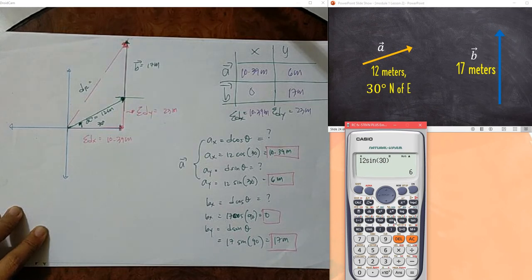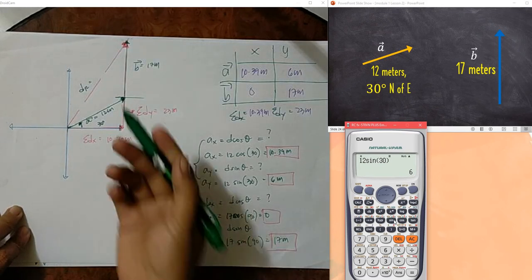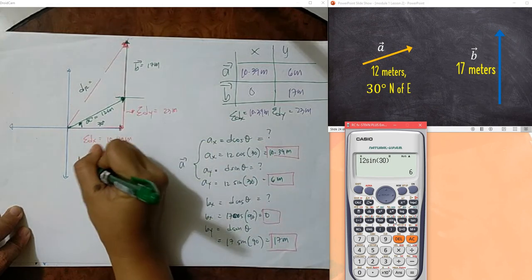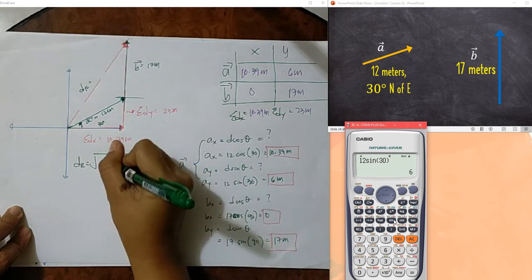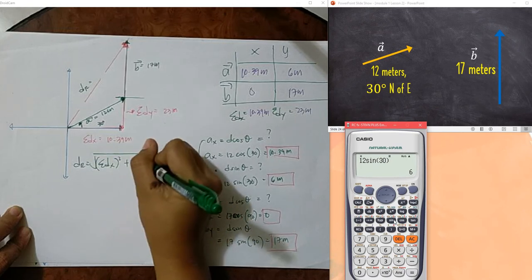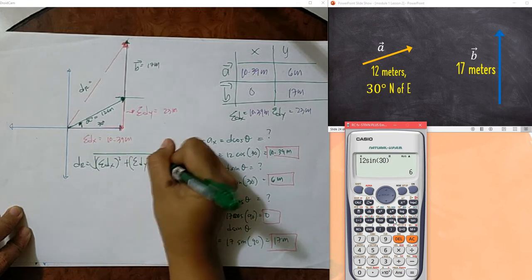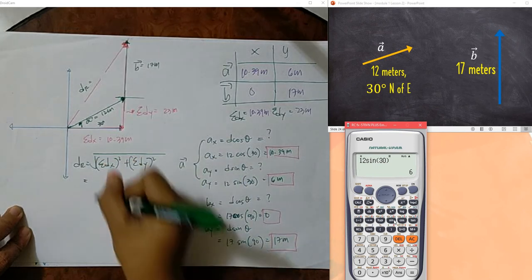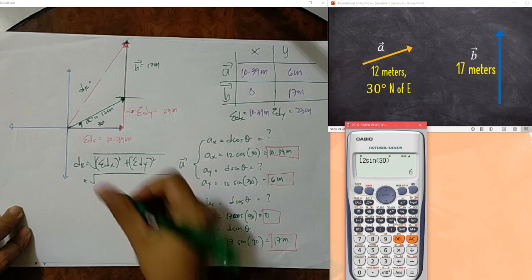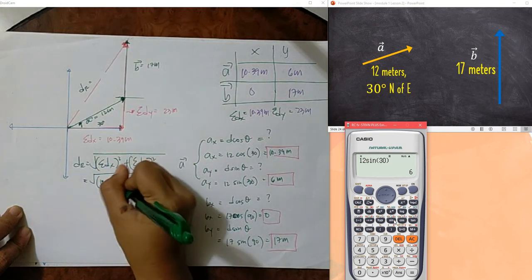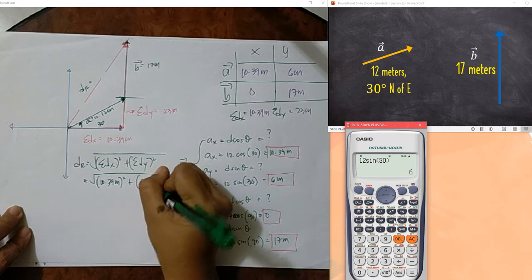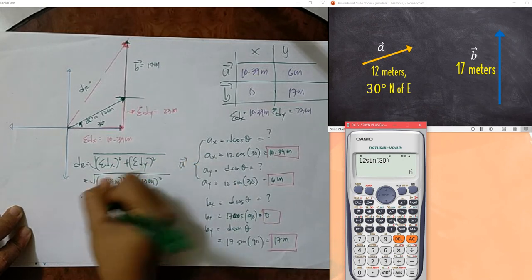Now let us solve for our magnitude. To solve for the magnitude, we will be using here d sub r is equal to the square root of summation of d sub x squared plus summation of d sub y squared. Just simply substitute the values. So we have 10.39 meters squared plus 23 meters squared.